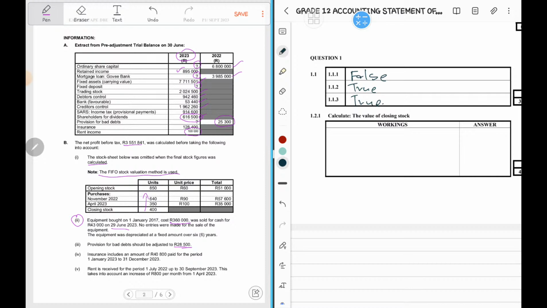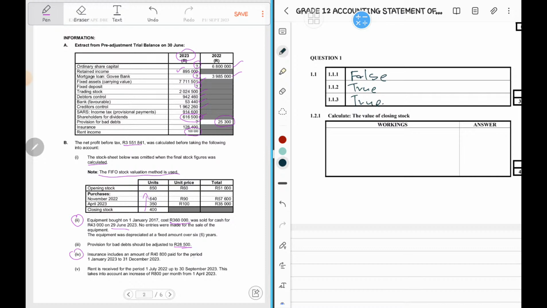Remember, when provision for bad debts decreases from one period to another, it is an income, but when it increases, it is an expense. I repeat, when it increases, it is an expense, and when it decreases, it is an income.